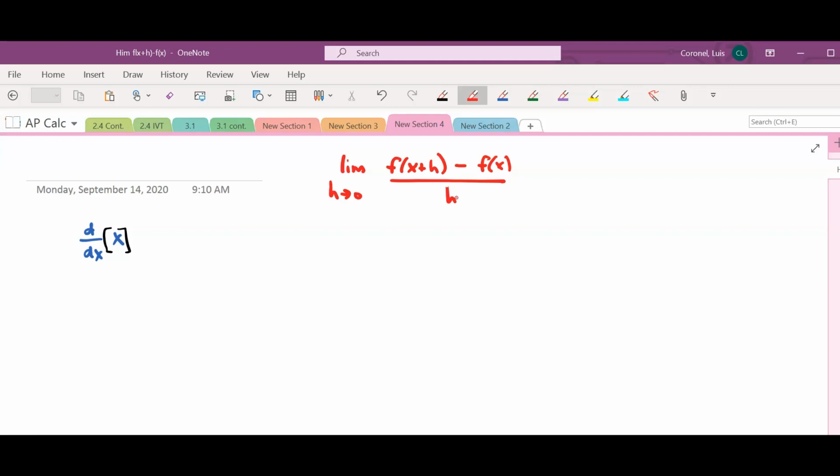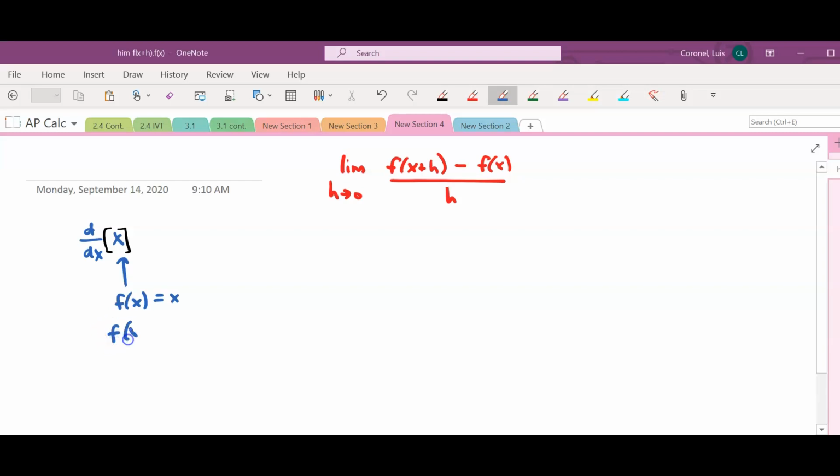This derivative that we're gonna have to find, then we know our function is f of x. This is our function. f of x equals x.